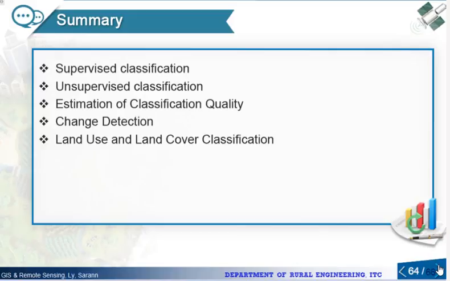And then we have seen how to detect the change. And finally, we have seen the difference between land use and land cover and how to classify it. And we have seen finally the GlobCover. It means the land cover of the globe of our Earth. So it's all for the chapter.